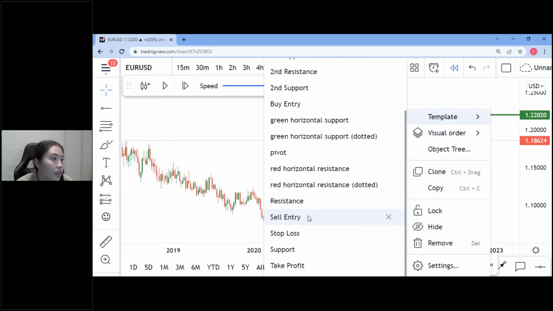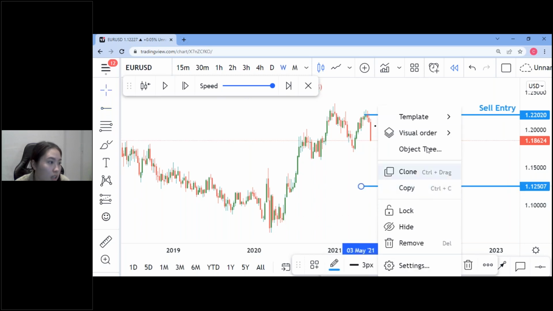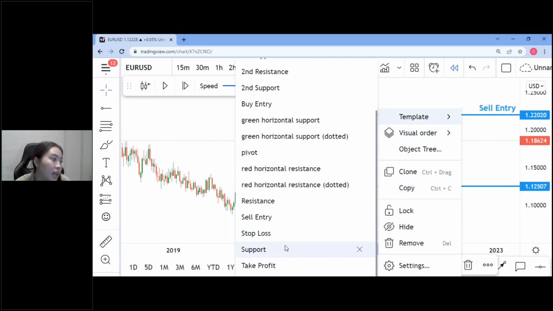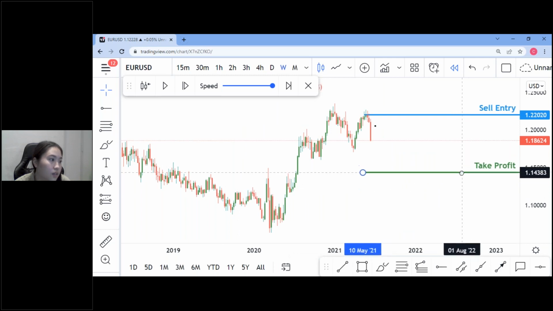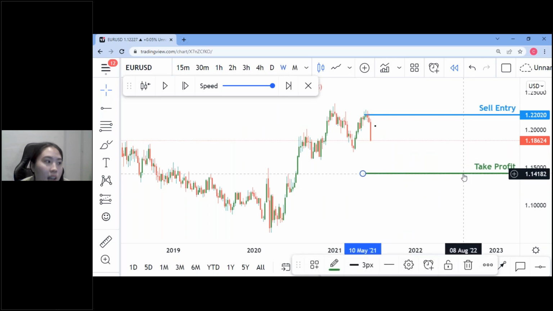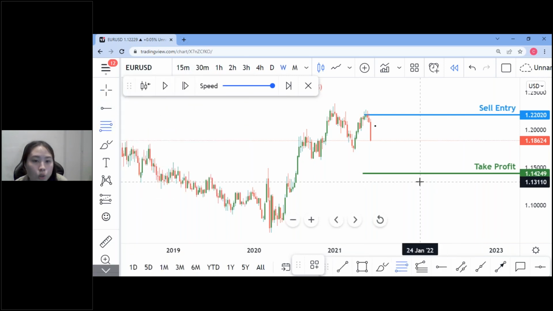You're entering here for a sell because you forecasted that price is going to drop from here. Now your next question is, where do you place your take profit? That is when you use the Fibonacci retracement tool to predict where you're going to take profit.